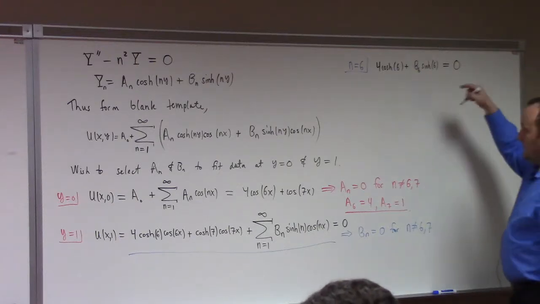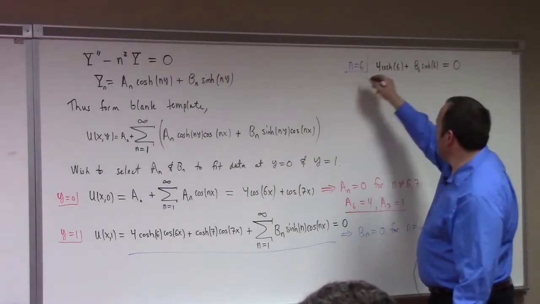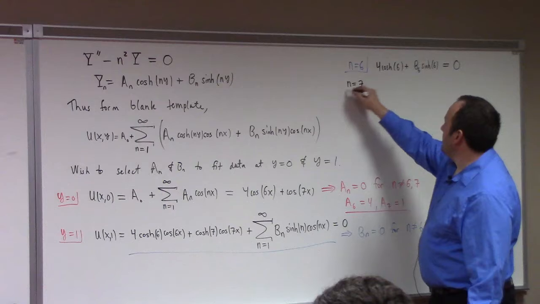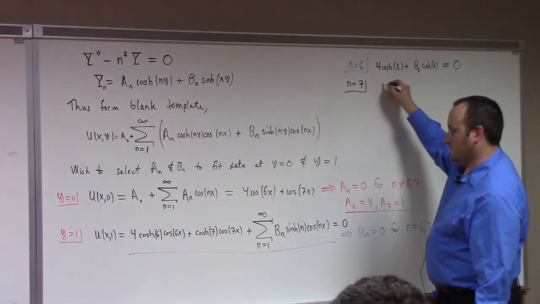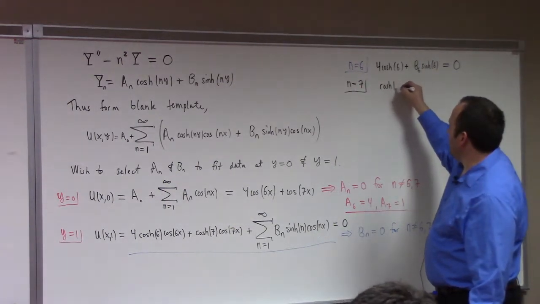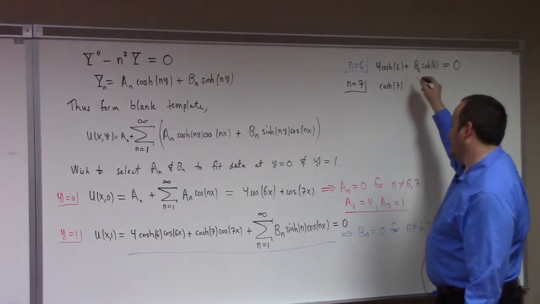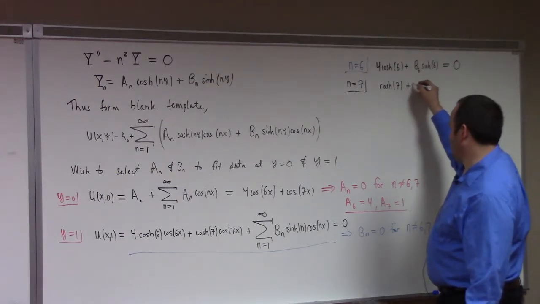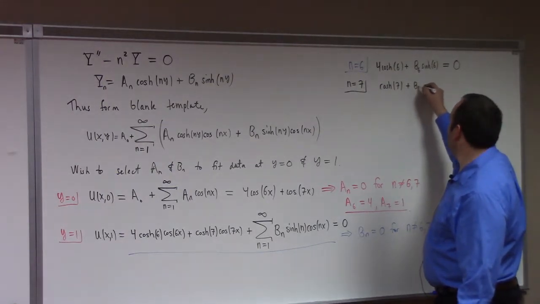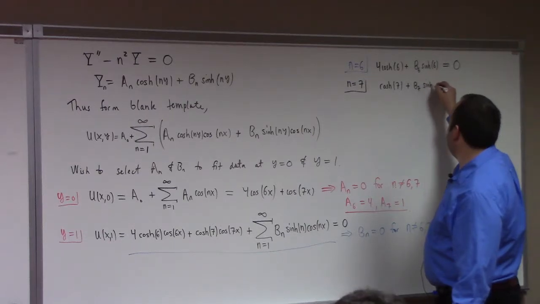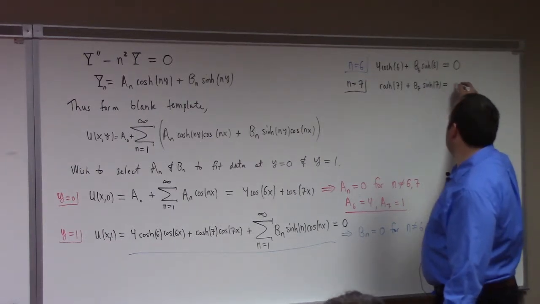So I've got that, and I also have from n equals 7 that the hyperbolic cosine of 7 plus b sub 7 hyperbolic sine of 7 is equal to 0.